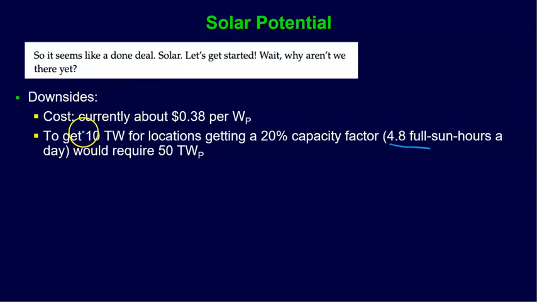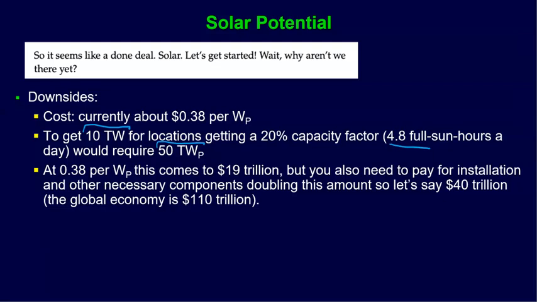So to get the capacity for 10 terawatts, you would need 50 peak terawatts of photovoltaics, worldwide. At 38 cents per peak watt, this comes to about 19 trillion. You also need to pay for installation and such, which roughly doubles it. So we're talking something like $40 trillion if we were to snap our fingers and try to do this in 1 year. Again, the global economy is about 110 trillion, so you're talking about over a third of the global economy.